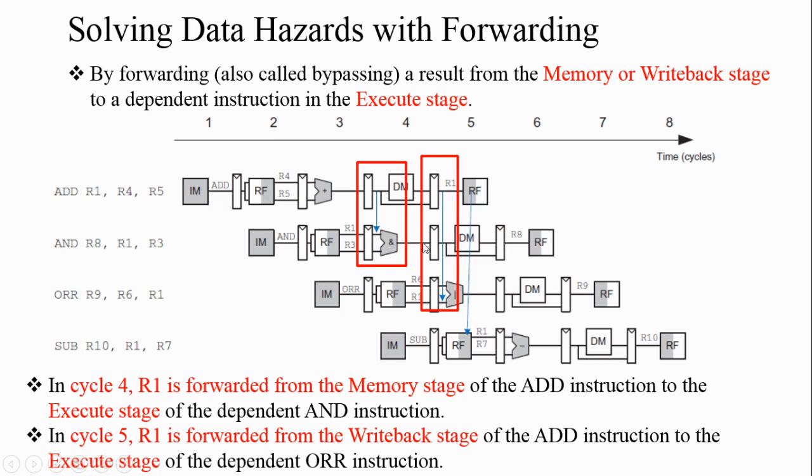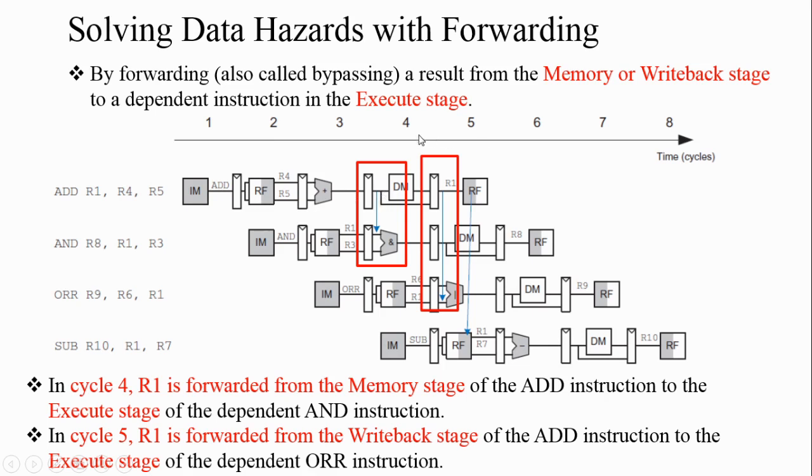But by using the forwarding technique, your actual result, say if you are taking add r1, r4, r5, where r4 and r5 will be added, is available right after the execution stage itself, that is, in the memory stage.